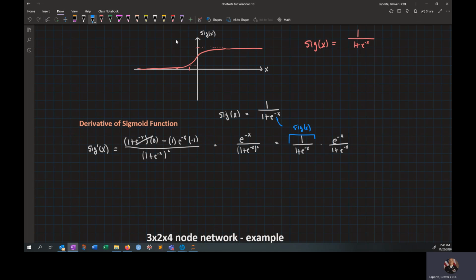For the next part, I'm going to add 1 and subtract 1 in the numerator.